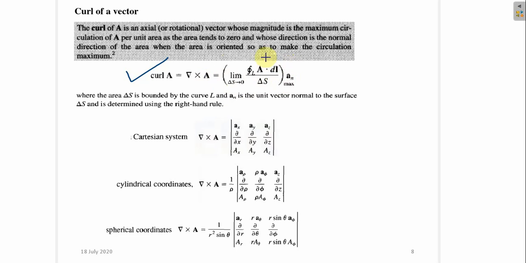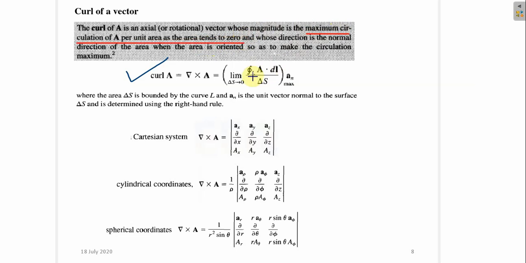And how is this curl represented mathematically? It is the closed line integral of A dot dl upon del s, in the limit del s tending to 0. It represents the maximum circulation of A per unit area as the area tends to 0.